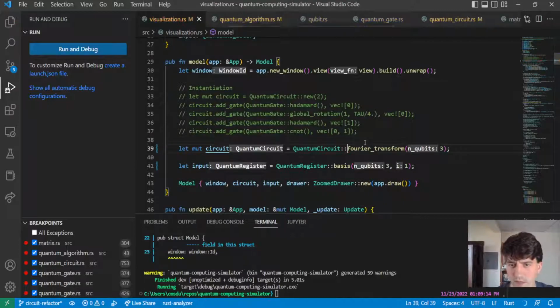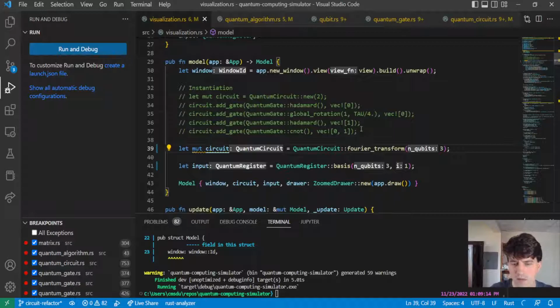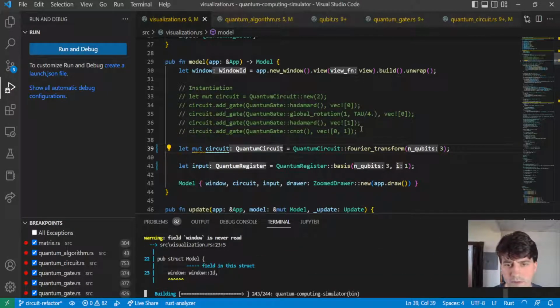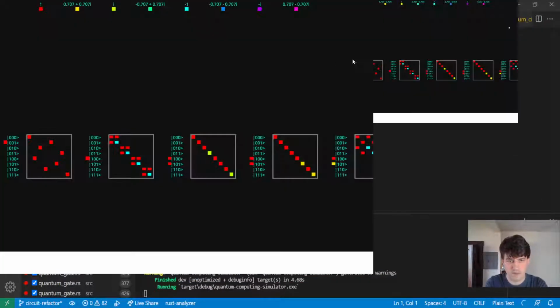Inverse Fourier, or regular Fourier transform. Run this thing. I'm pretty sure it's, here we go.